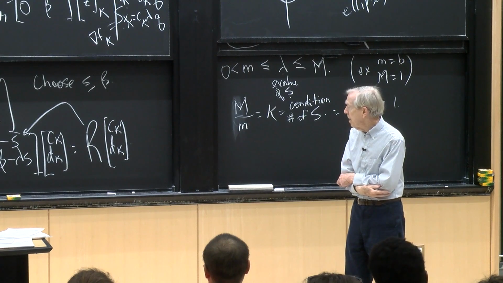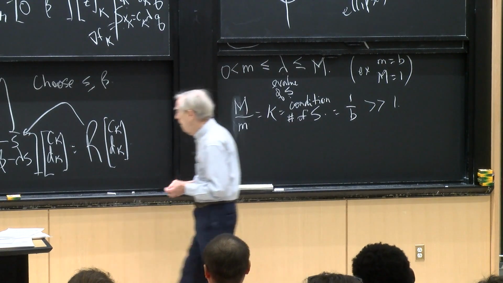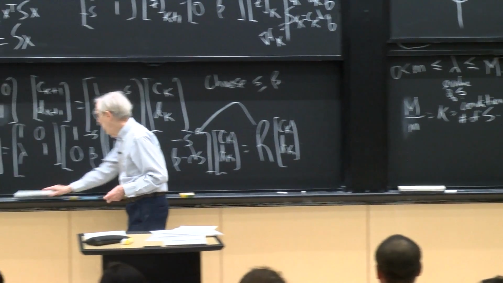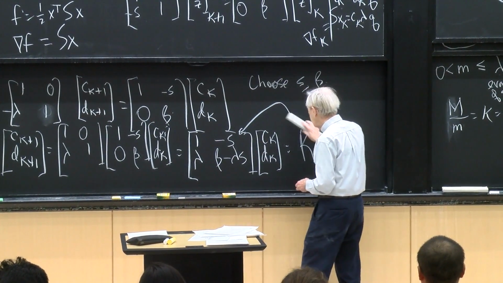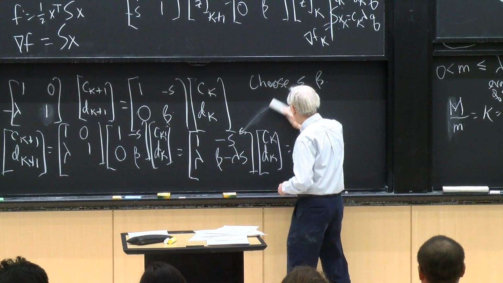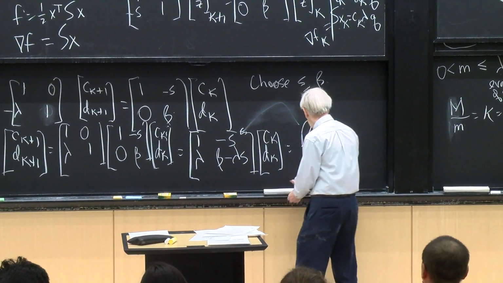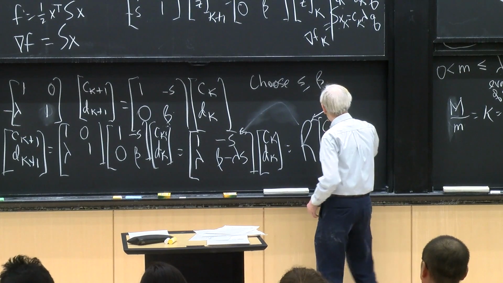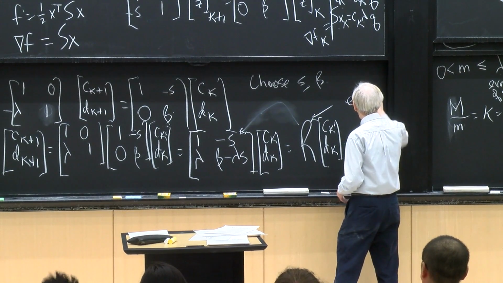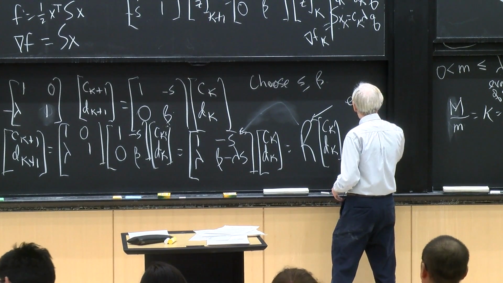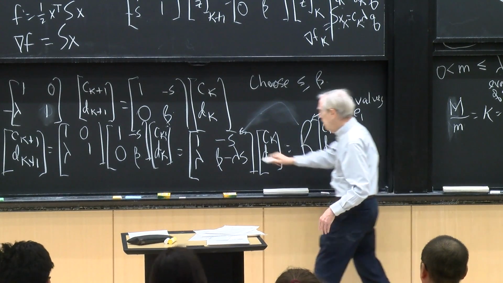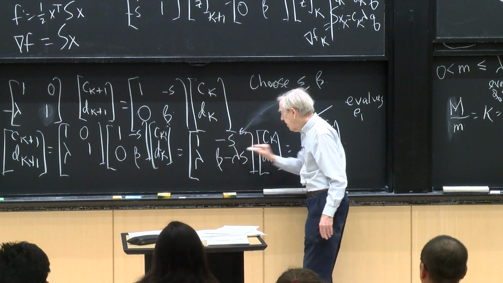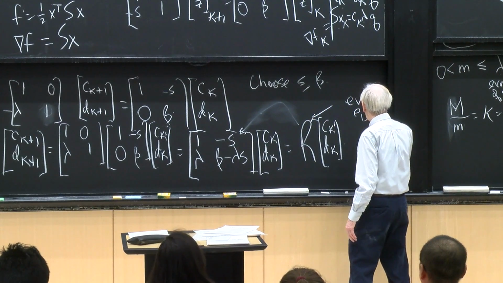Okay, so what's my job? I'm going to choose s and beta to keep the eigenvalues of R small. So let's give the eigenvalues of R a name. R has eigenvalues E1, which depends on the lambda and the s and the beta, and E2.